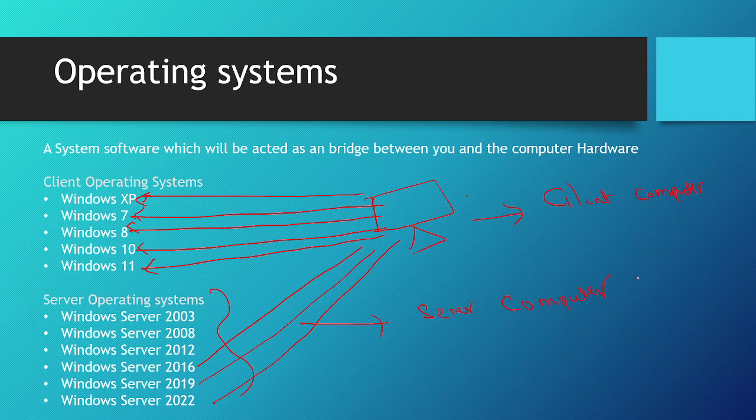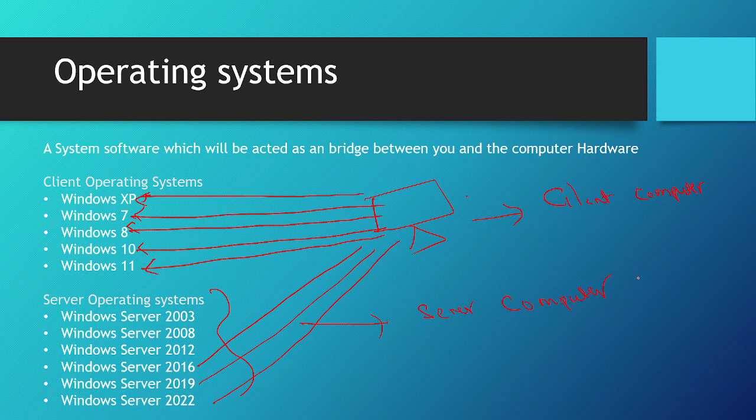Now you understood, right? Identifying the computer type is based on the operating system. If you are running Windows 10, Windows 11 or any client operating system, we call it a client computer. Instead, if you see any server operating system in the computer, we call it a server computer. Clear with this? Guys, clear? Yes, sir.